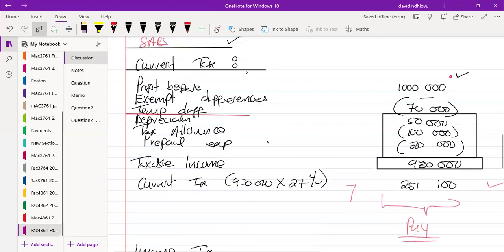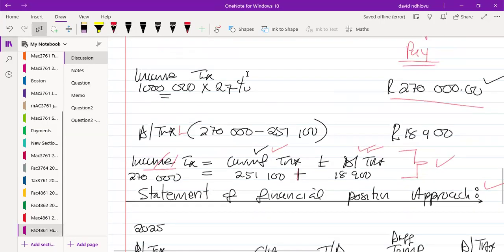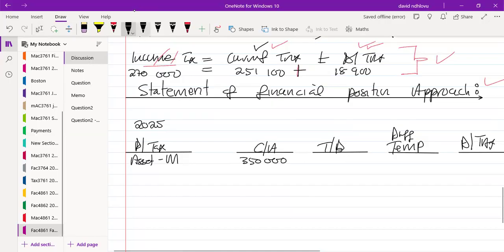Then we go to the same asset and ask, what is the tax allowance? 100,000. From 400,000, then we have 300,000. So we have calculated effectively the carrying amount and the tax base. The tax base is the equivalent of carrying amount in accounting, but based on tax principles.